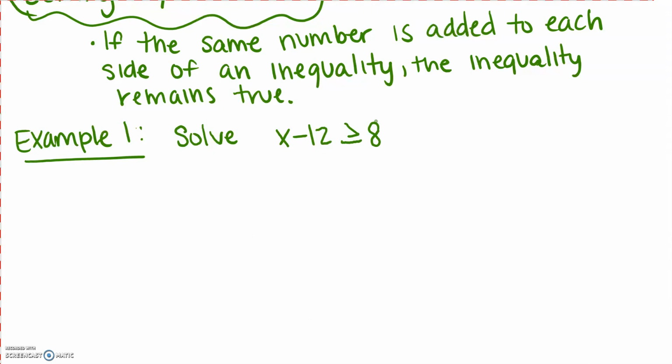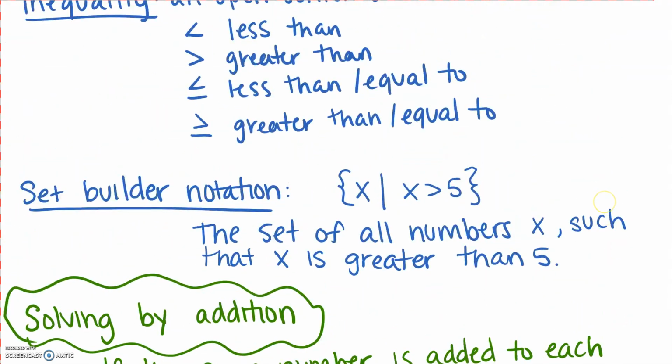Well, the same thing applies here. We are simply going to add 12 to both sides of our inequality. When we do that, we have x, keep the same symbol, greater than or equal to 8 plus 12 gives us 20.